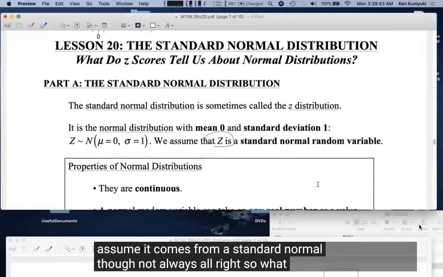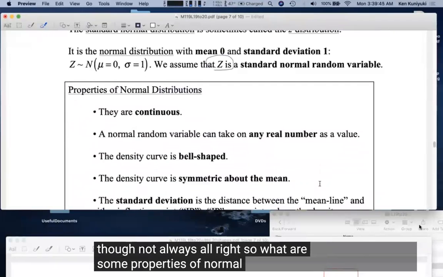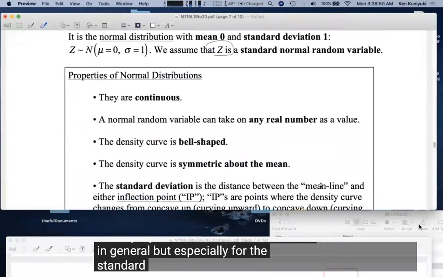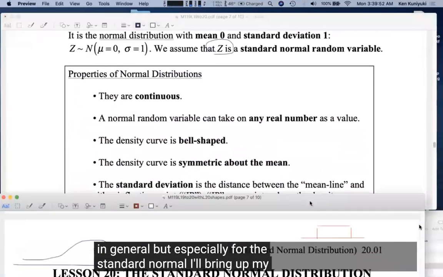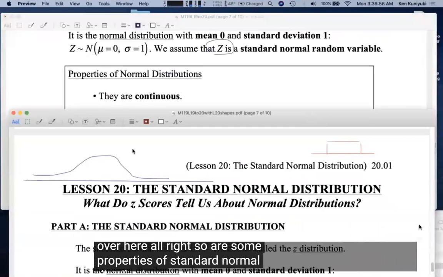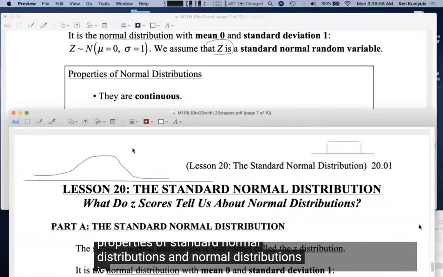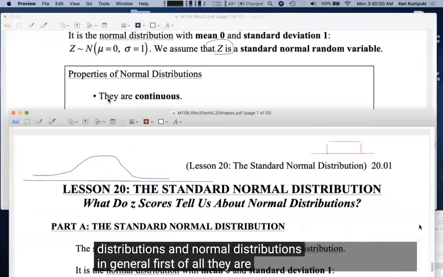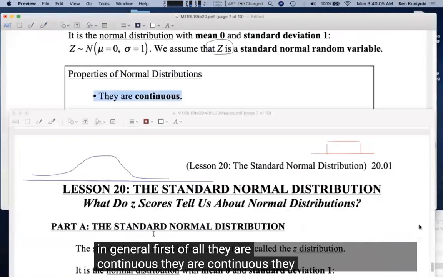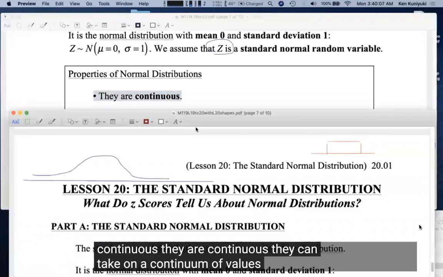All right, so what are some properties of normal distributions in general, but especially for the standard normal? First of all, they are continuous. They can take on a continuum of values.